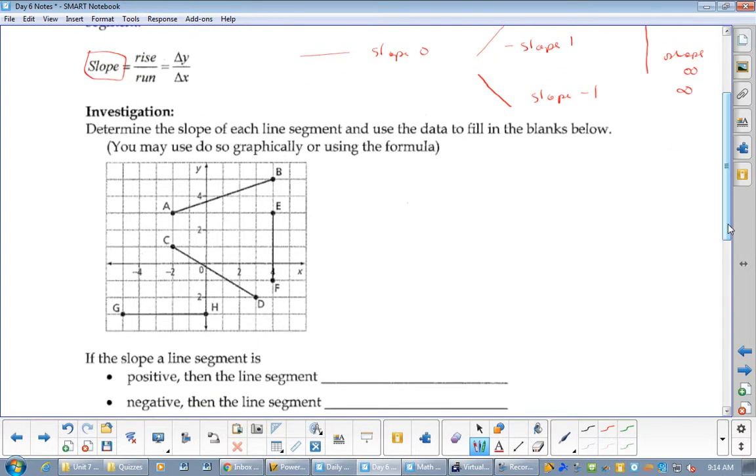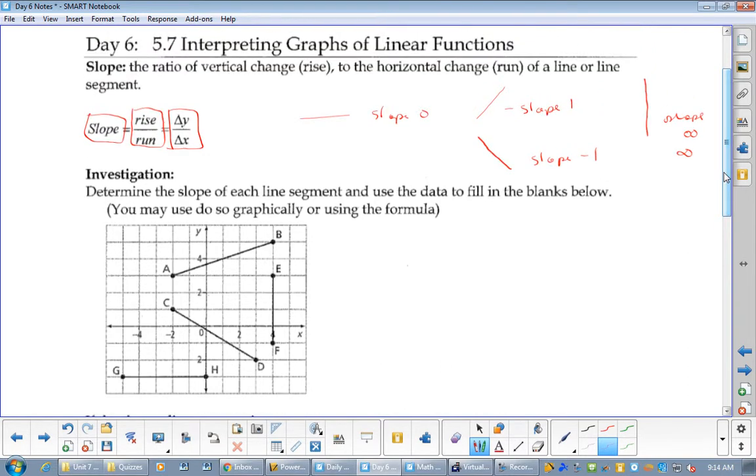Okay, now slope equals rise over run, always, which is delta y over delta x. What does delta mean? Delta means change in. Used a lot in physics formulas.